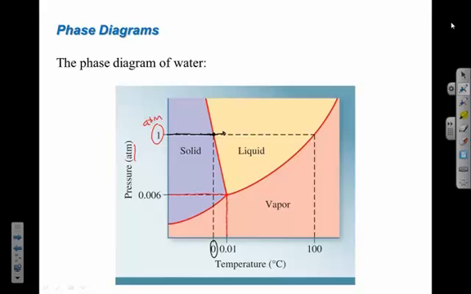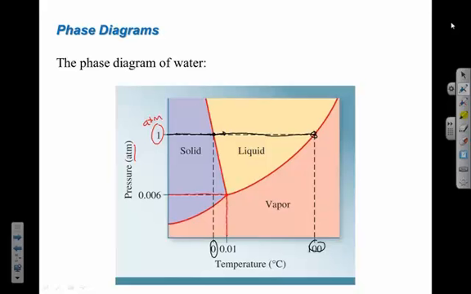So water only freezes and melts at 0 when you're at 1 atmosphere pressure. If you change the pressure, the melting point will change. And then if you keep increasing the temperature until you get to 100, that's the boiling point, because that's the point where the liquid and vapor are in equilibrium. Again, if you change the pressure, the boiling point will change.